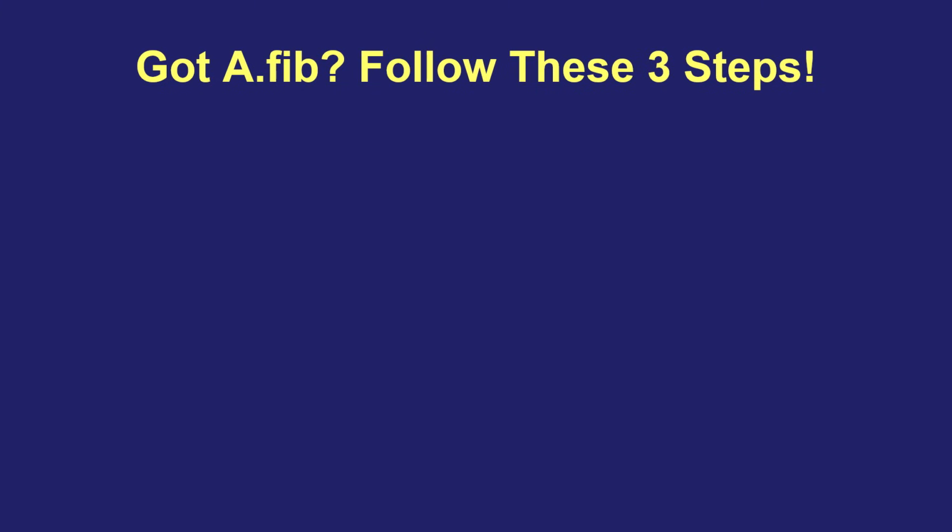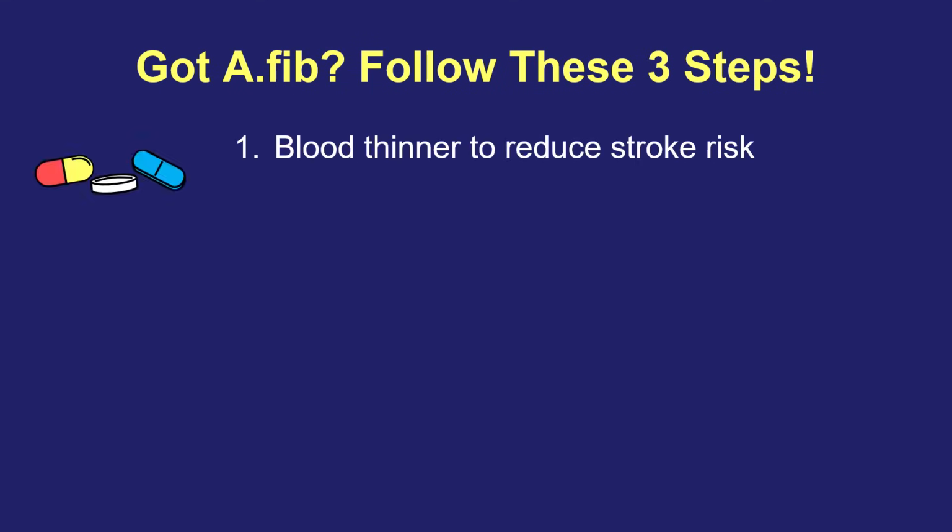So in summary, if somebody has atrial fibrillation, there are 3 main steps that we will follow. And just to review it one last time, step 1 is to reduce the risk of stroke, almost always with a blood thinner medication. Sometimes, if they can't tolerate a blood thinner, a person will have a procedure to block off that left atrial appendage as a substitute, but a blood thinner is our best option.